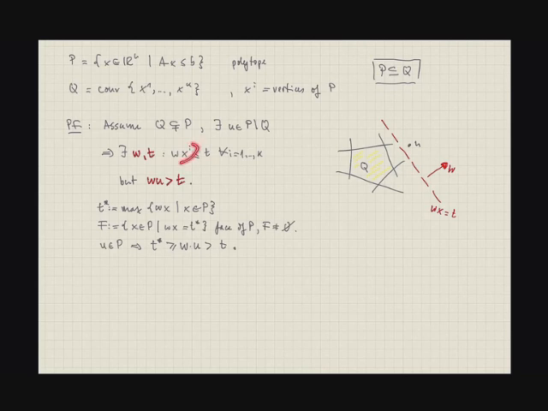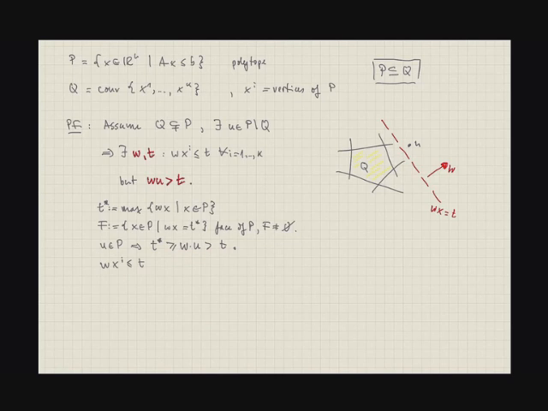So for all the vertices xi, we have W times xi is smaller or equal than T, which means all these vertices achieve a value at most T, and that is strictly smaller than T star.